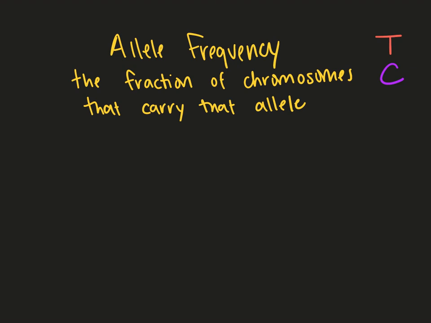And again, notice I'm not saying the fraction of individuals, because remember the individuals are diploid, they could have either one copy of the C or two copies of the C. So as I'm calculating the frequency of the C allele, I have to remember that I saw it 32 times. Some individuals were heterozygous, some were homozygous for the C allele, but overall, when I counted up all of the purple dots, I saw 32 of them, and that was in a population of 160 individuals.